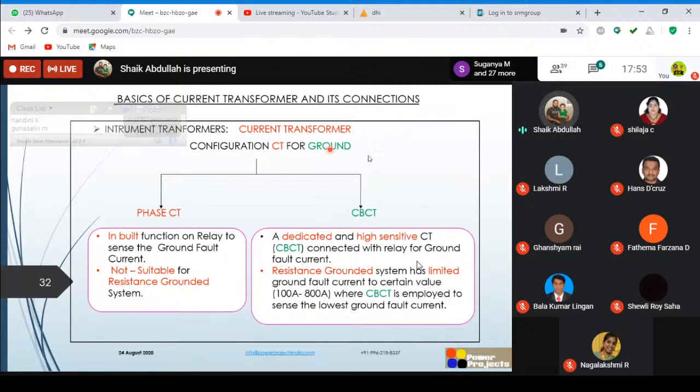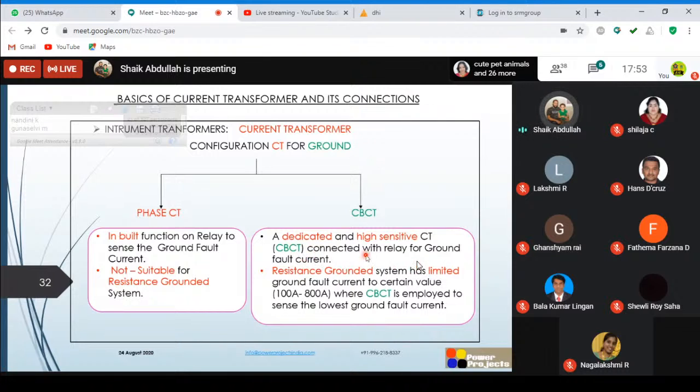This slide is explaining that. And sometimes for ground fault, instead of the phase CT, we will use a dedicated ground fault CT. The ground CT is nothing but a CBCT, a highly sensitive current transformer called a core balance current transformer.